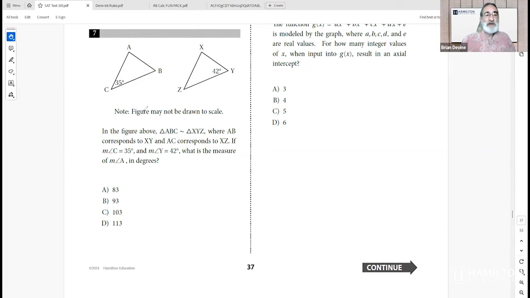For question 7, we're given 2 triangles, and we're told that triangle ABC is similar to triangle XYZ.